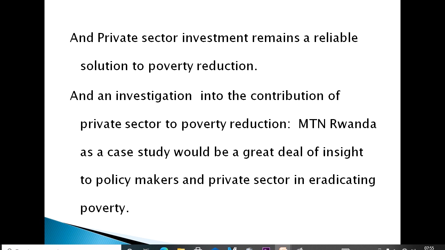So by presenting this statement of the problem and using statistics that show that poverty is an alarming and existing problem, the researcher can come up with a good presentation of the statement of the problem.